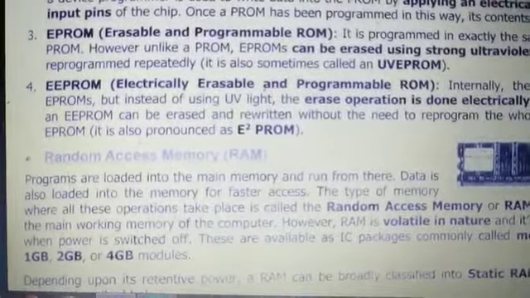Random access memory is volatile in nature, so it will hold the information on a temporary basis, not on a permanent basis. This type of memory is required for the CPU execution, for the processing of the data. It will hold the data for the time being while the processing is going on. After one process is finished, it will lose the data.